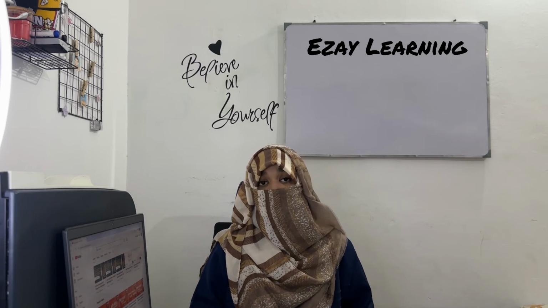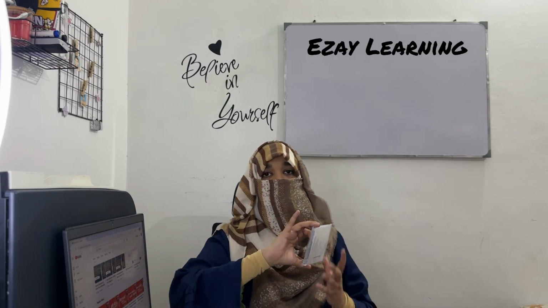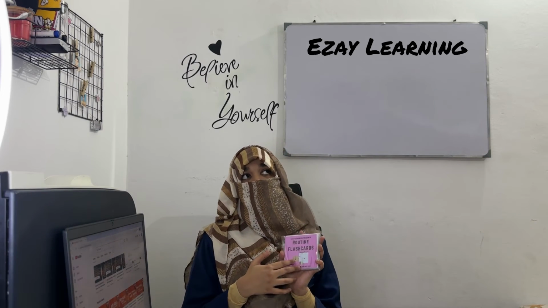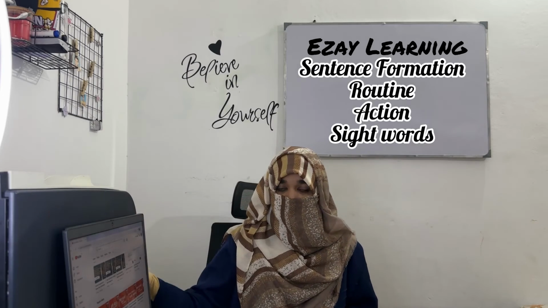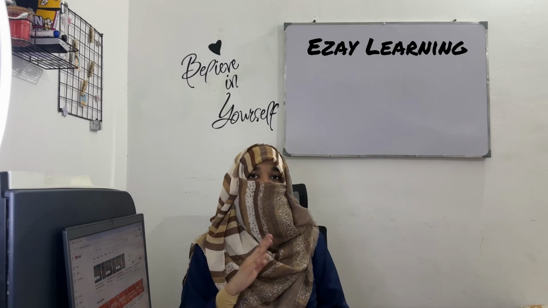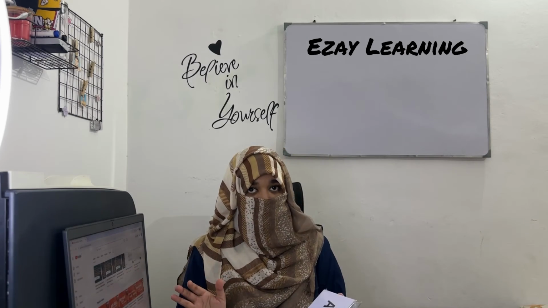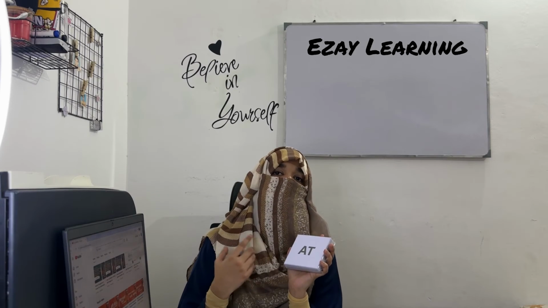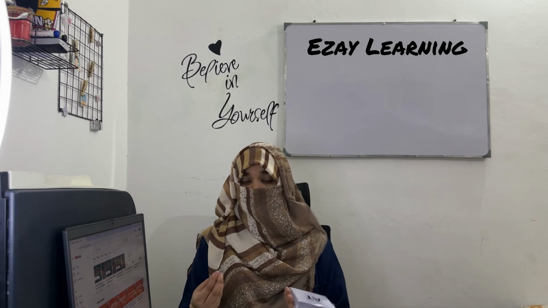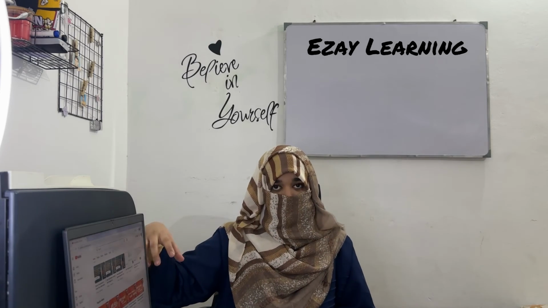Now moving towards the sentence formation. For that you can use action flashcards, routine flashcards like he is studying, she is reading, I wake up. So these are like for the 3 words for a sentence formation. Or you can also use sight words in any language that the child understands. You can use the sight words like you can put 3 cards.